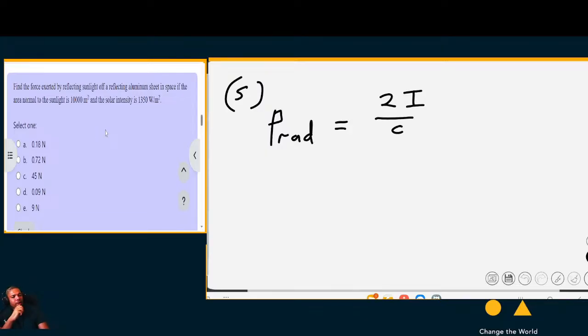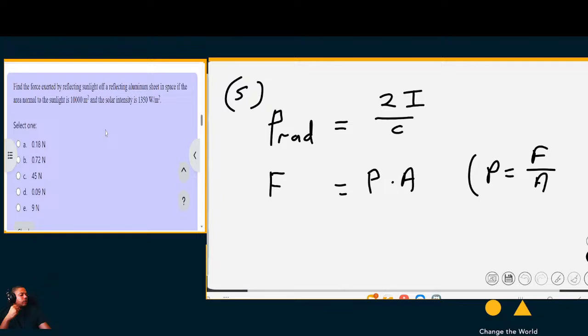Now, how do we calculate force? Force is related to pressure. In this scenario, force is equal to pressure times area. Remember, we define pressure as force per unit area.